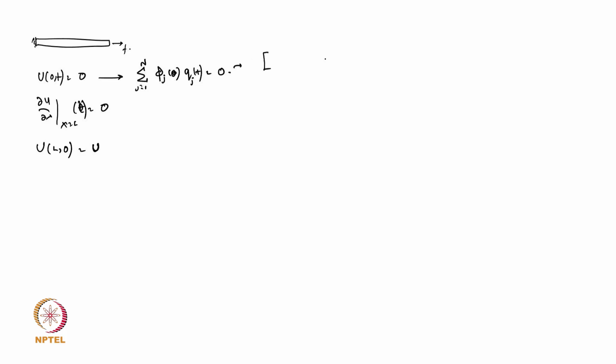It is basically like this way: q1 q2 q3 and here phi 1 phi 2 phi 3, so that gives you a 0. So what can I say from here? My basic point will be phi j of 0 should be equal to 0.